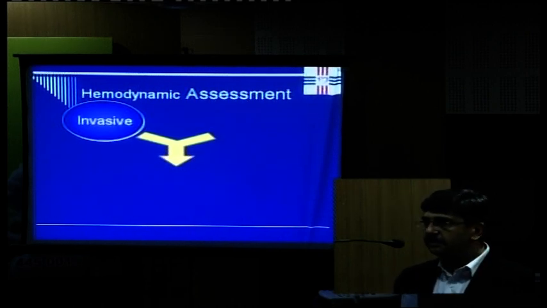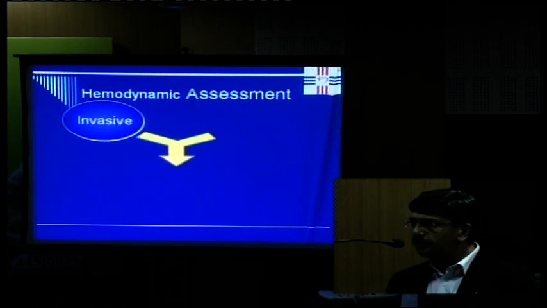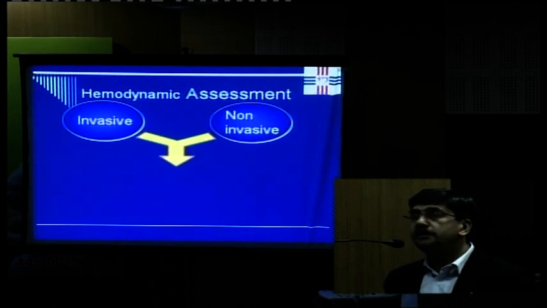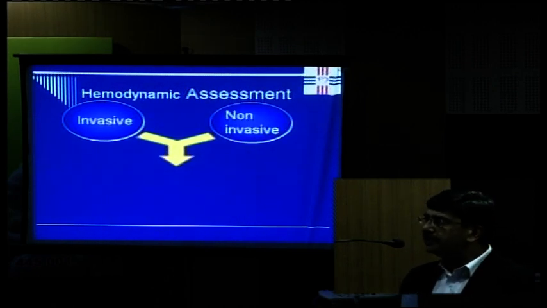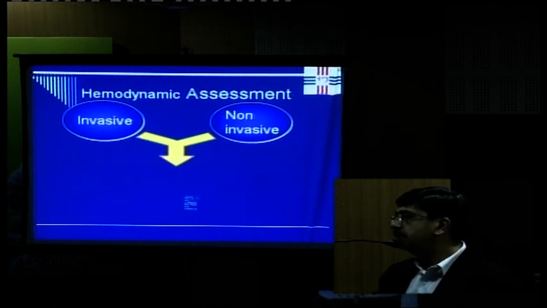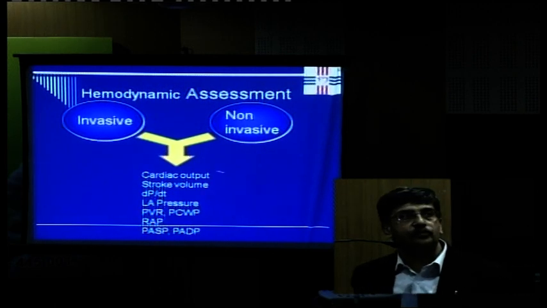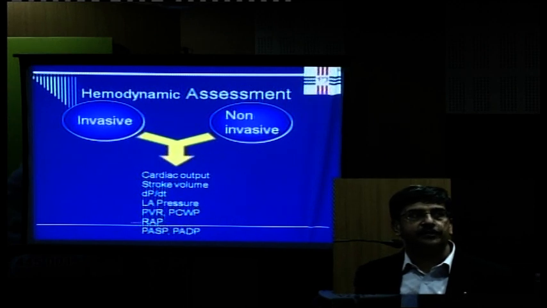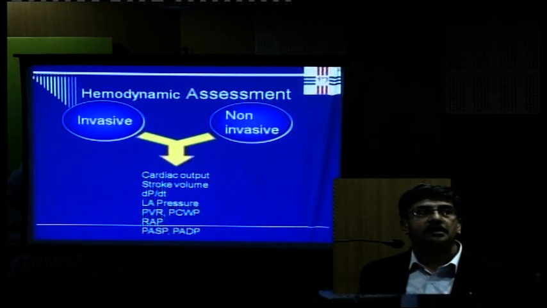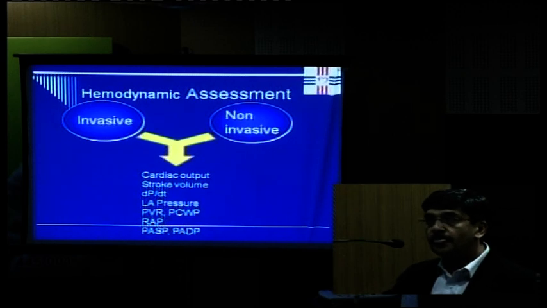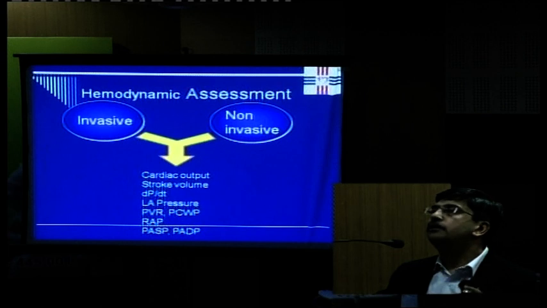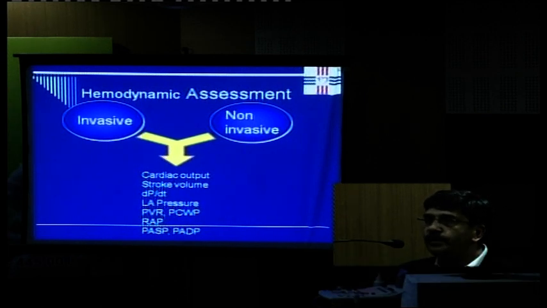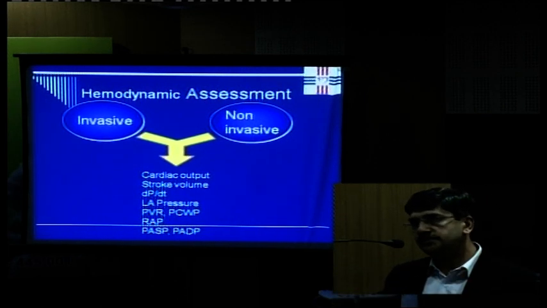That is the Swan-Ganz catheter, and you actually measure the pressure in the RA, RV, and pulmonary artery. And it can very well equally be done bedside by this machine, that is the ultrasound machine, and we can actually calculate cardiac output, stroke volume, dP/dt, LA pressure, PVR, PCWP, RA pressure, RV systolic, and pulmonary diastolic pressure. And these all will definitely guide you in your patient management, which would alter the prognosis and outcome.